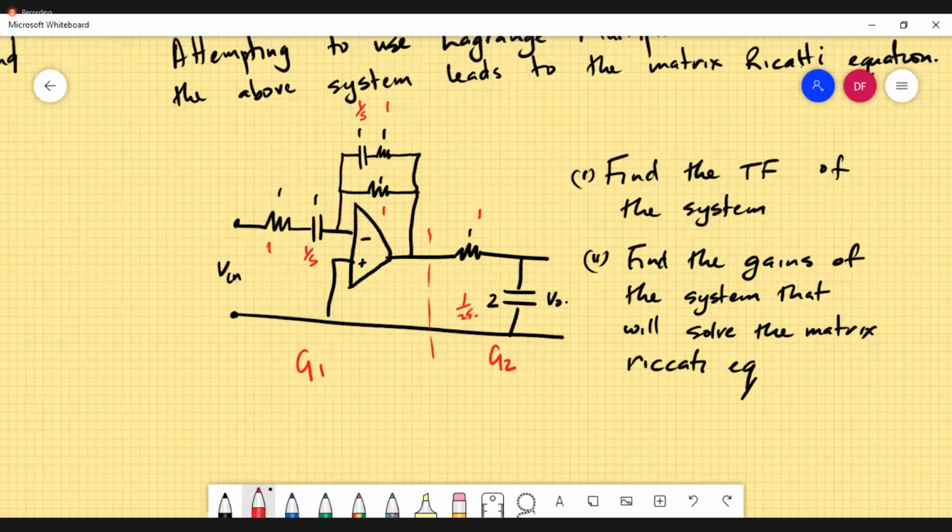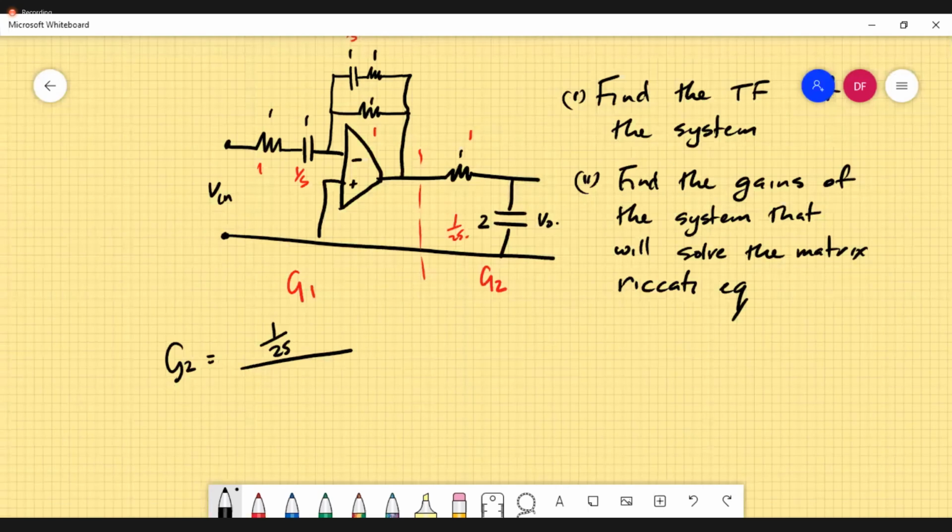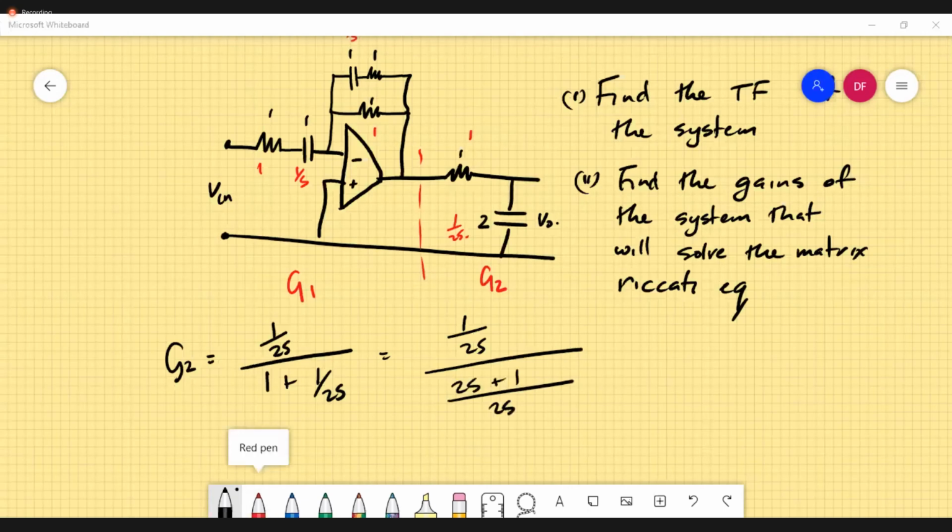So g2 is equal to 1 over 2s over the sum of these two, which is 1 plus 1 over 2s. That's 1 over 2s over 2s plus 1 over 2s. These cancel, so that's equal to 1 over 2s plus 1.